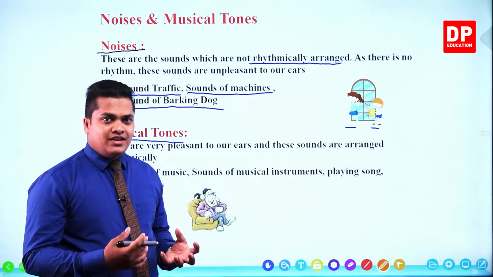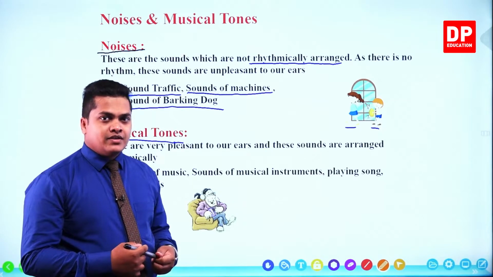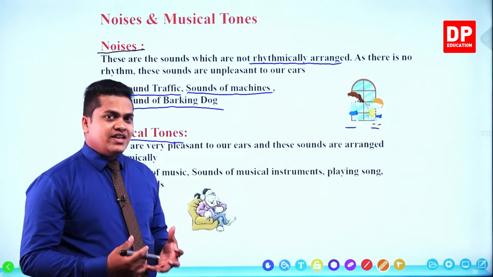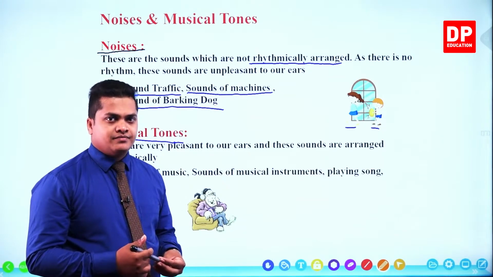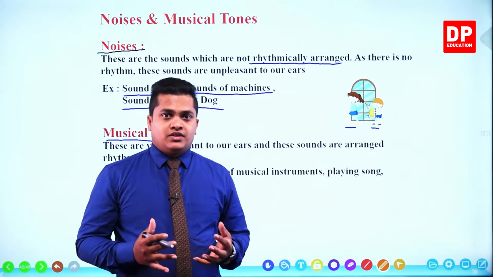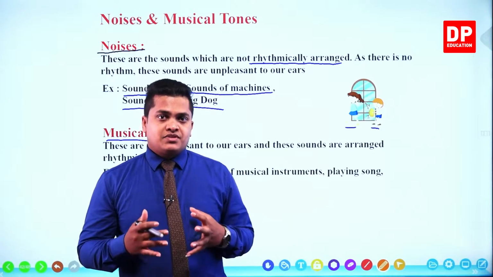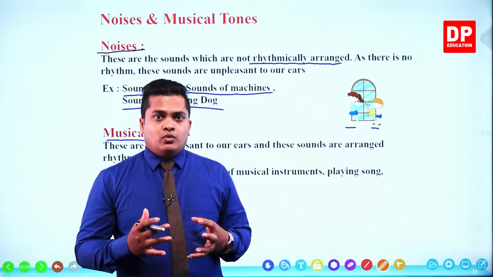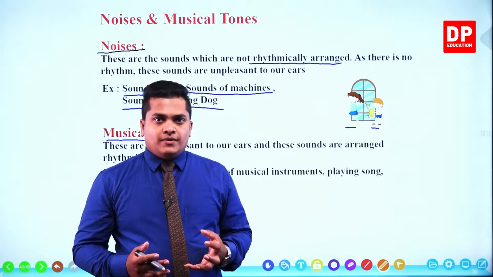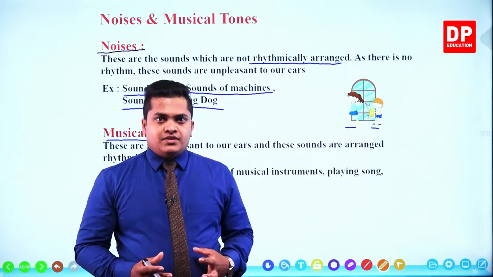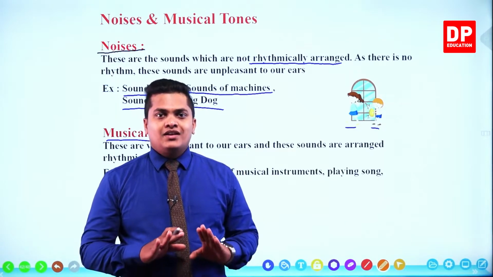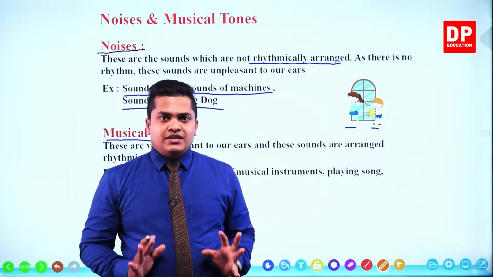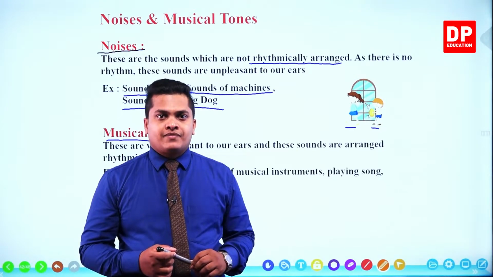There's peace in his mind. It's because listening to musical sounds calms our mind. There are some certain kinds of music which do not calm our mind as well, but most of the time we listen to music to calm and to have some peace in our mind.